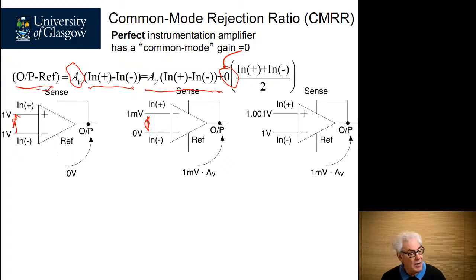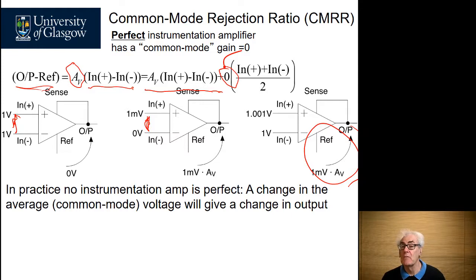And finally, we have 1 volt on one input and 1 volt plus 1 millivolt on the other input, and the answer is the same. We would get 1 millivolt times the gain of the instrumentation amplifier appearing at the output. It would totally reject the signal that's common mode appearing at the input. That's the perfect instrumentation amplifier.